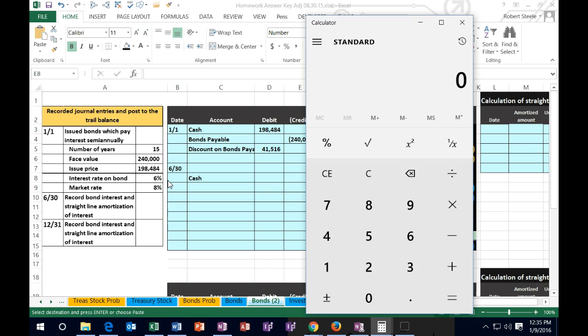So let's see that in a calculator first, then we'll calculate it again in Excel. So we have the 240,000. We're going to multiply that times 6%. That's going to be 0.06 if we look at it in terms of a decimal. That means we have 14.4. That would be the interest. But remember, whenever we think about interest, we always basically think for a year.